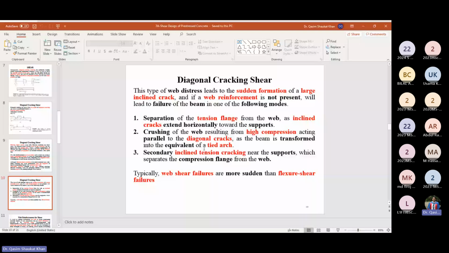The third possibility is an inclined tension crack near the supports, which separates the compression flange from the web.